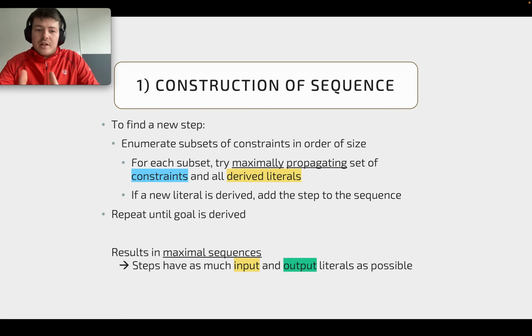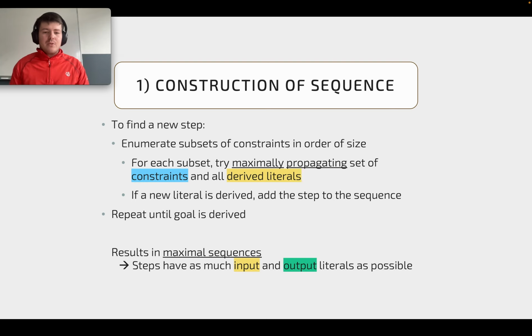If a new literal is derived using these constraints and all of the input literals, then that means that something is derivable here, and we add the step to the sequence. We repeat this until our goal is derived, and this will always finish.